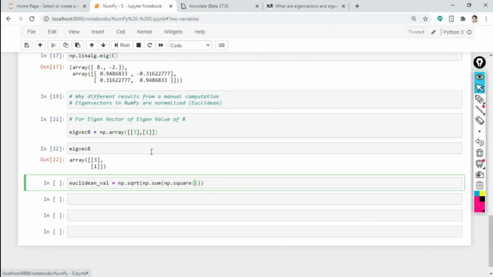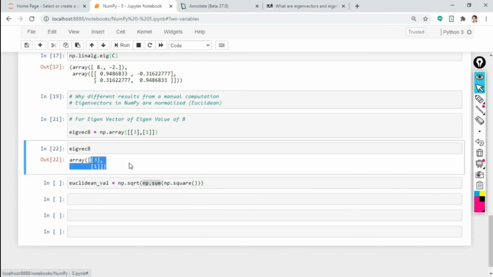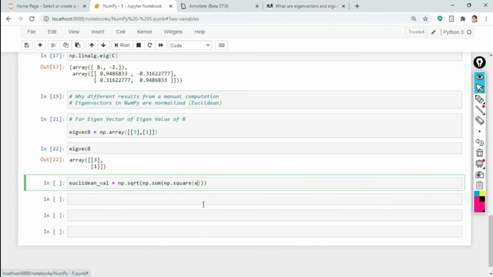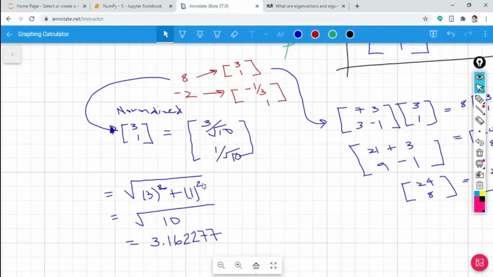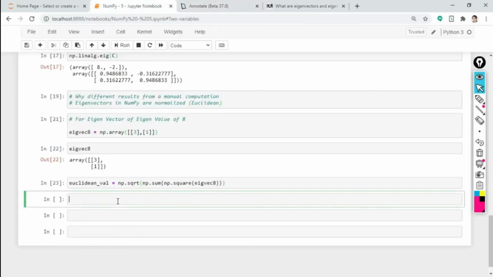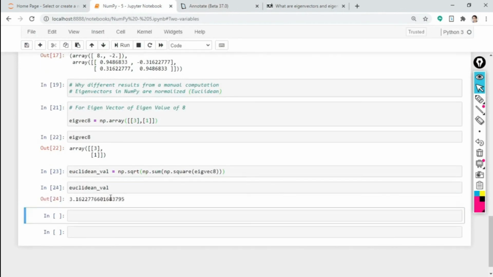So we square it, then we sum the squares, then we take the square root. I'm expecting the Euclidean value to be 3.16. So let's see. Yes, it's correct.